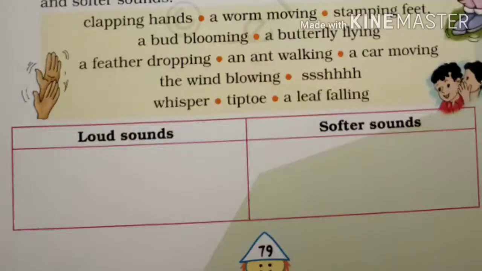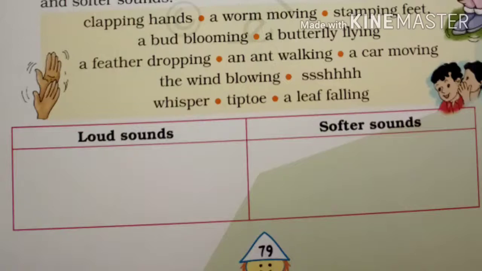Clapping hands, a worm moving, stamping feet, a bud blooming, a butterfly flying, a feather dropping, an ant walking, a car moving, the wind blowing, shh, whisper, tiptoe, a leaf falling. For writing the correct answer, first of all we are going to classify the loud sounds. Then the remaining sounds will be softer sounds.